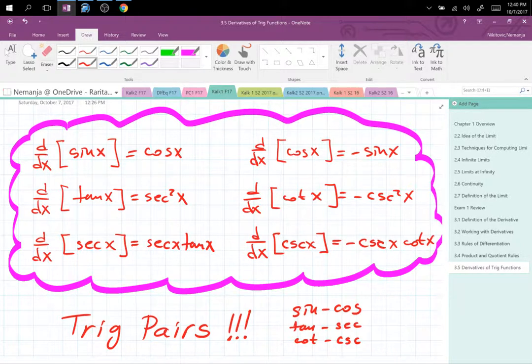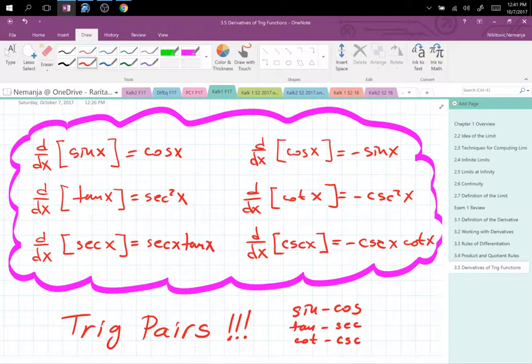Are we 100% on that one? So cosine, negative sine, secant squared, negative cosecant squared, secant tangent, negative cosecant cotangent. So do we all kind of get the vibe that we memorize this one and the other one is the same, just different?